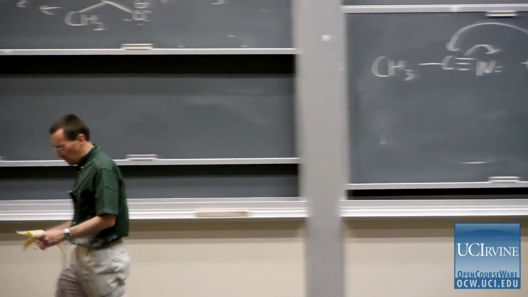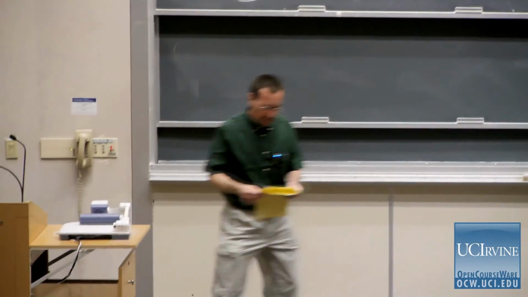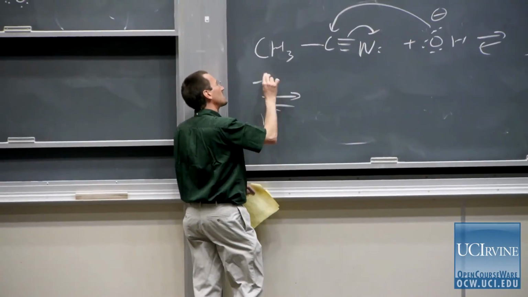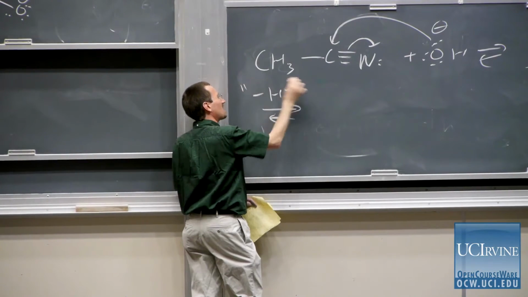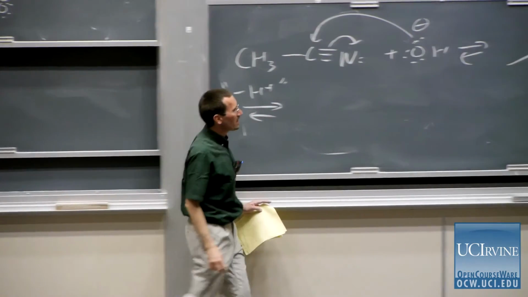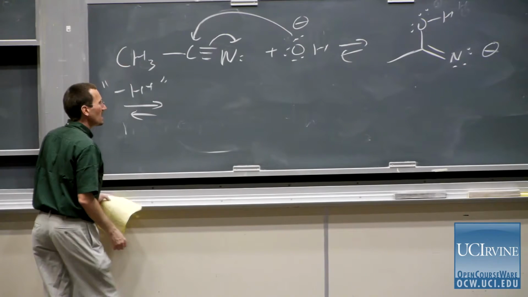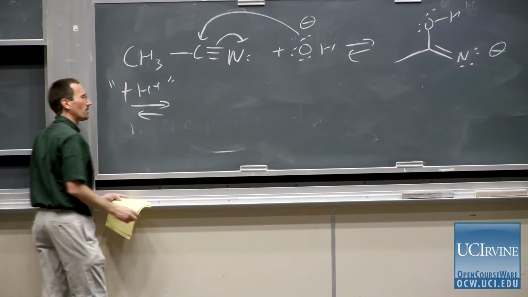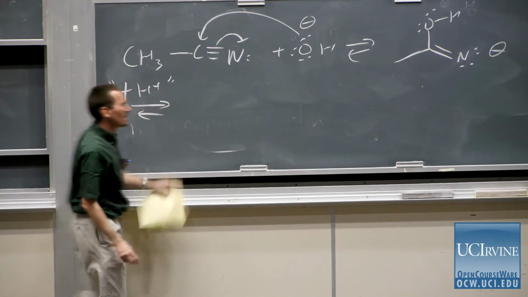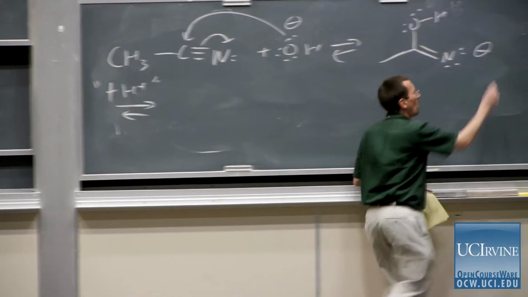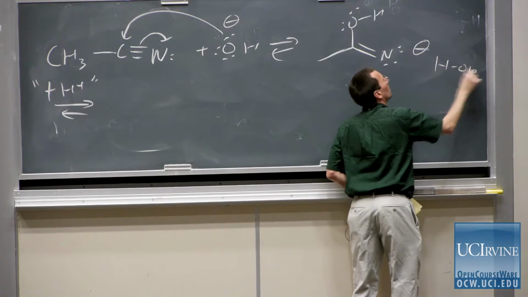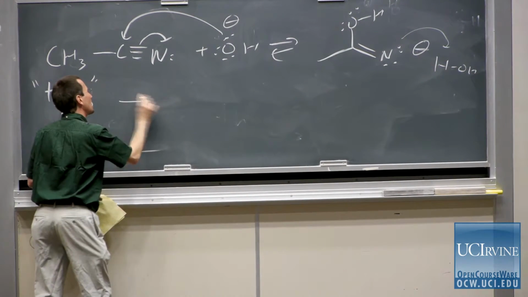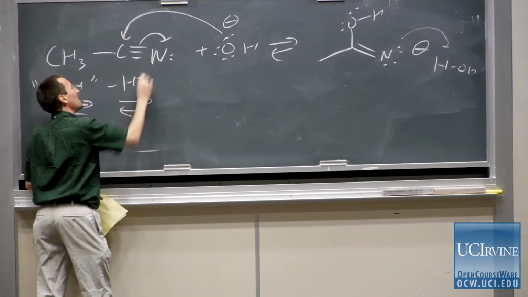We're going to shuffle some protons around. First we're going to put on a proton here, so plus H+. Of course, that's not really H+, that's water protonating. You can think of the next step as minus H+.